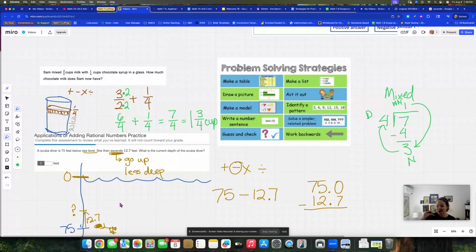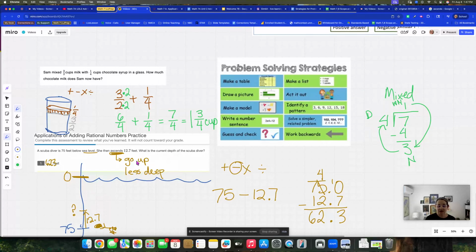The part of drawing the picture, figuring out that we're subtracting, that is actually 6th grade math, but it's in your unit, so we're going to go ahead and do it. If you had popped this into your calculator, you would have already gotten 62.3. So 62.3 feet would be wrong.